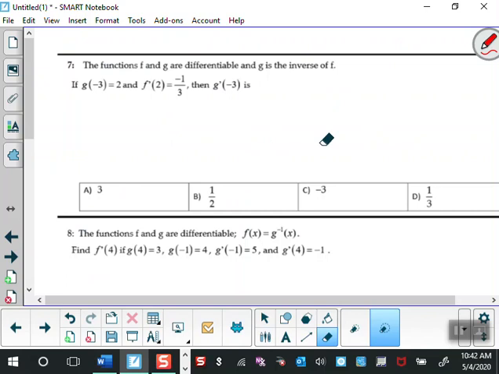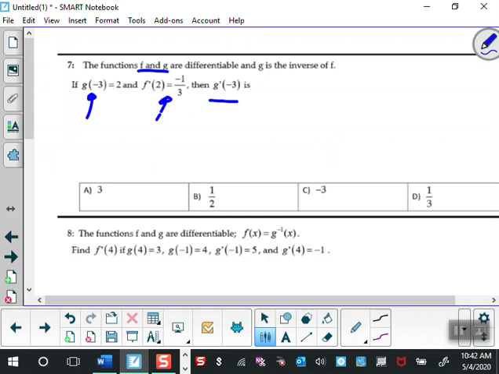Obviously it won't be multiple choice, but they could tell you that given two things are inverses, we have the inverse relationship. We know information about one of them, and we know information about the derivative of the other. So we're asked for the derivative of g at -3.